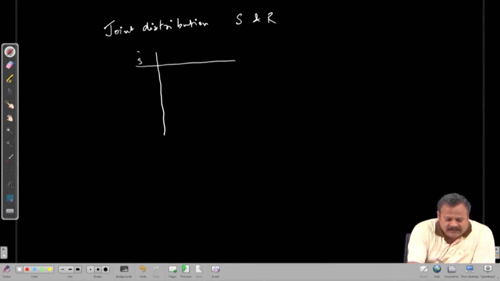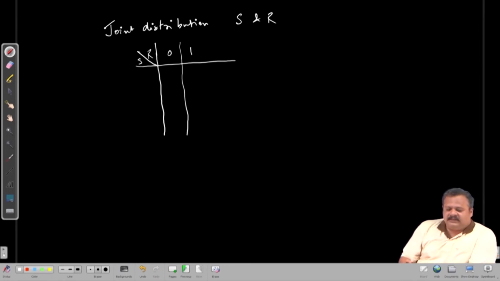This side is S and this side is R. Let us say R can be 0 or 1, that is, the neuron either produces a spike or does not, the simplest sort of response space we can think of in response to stimuli.